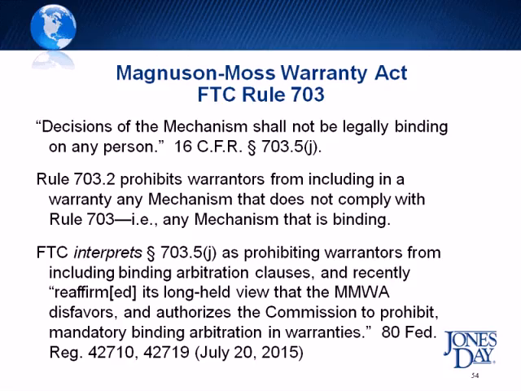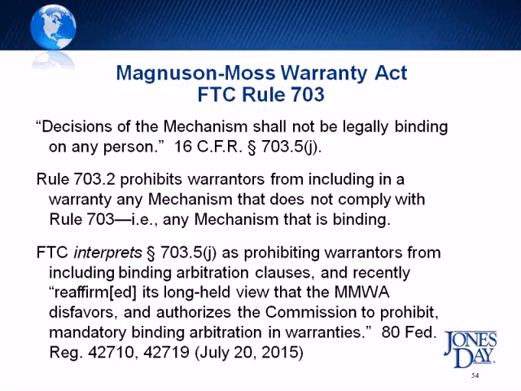And importantly, the FTC has established a rule that the decisions of the mechanism shall not be legally binding on any person. And the rule goes on to say that any mechanism established must comply with Rule 703. So what does that mean?